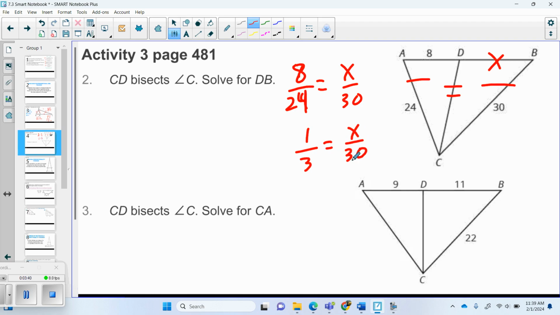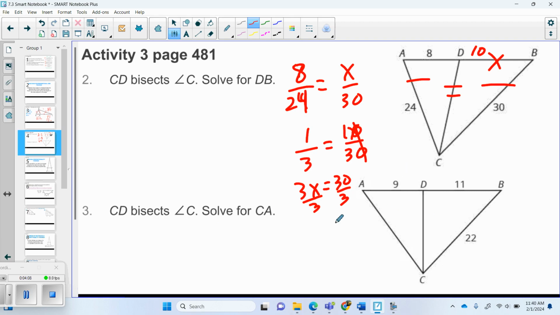Now, if I cross multiply I get 3x equals 30, divide by 3, x is 10. I also could just think, what would make this the equivalent fraction? A 10 over 30 would reduce to 1/3. So you pause the video and do the next one, and when you come back, we'll do it together.